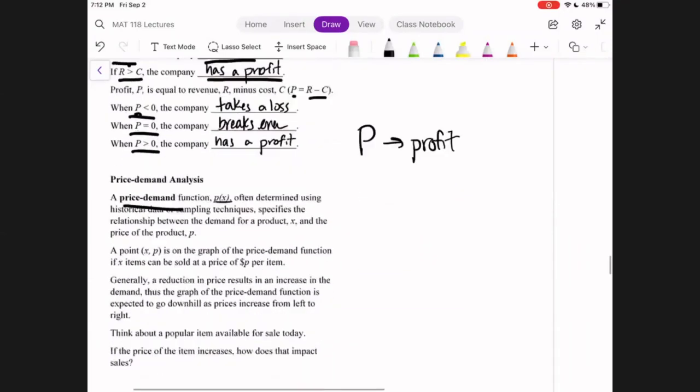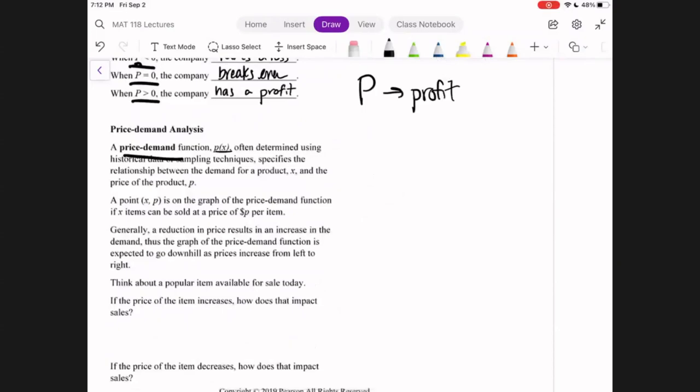We've seen this before. So the price demand specifies the relationship between the demand of our product X, so that's the quantity, and the price for that product, and that would be P. So this ordered pair, X, P, means X items can be sold at price P per item.